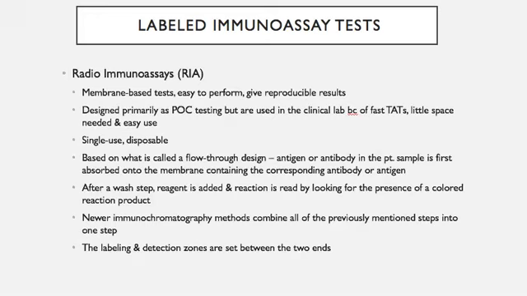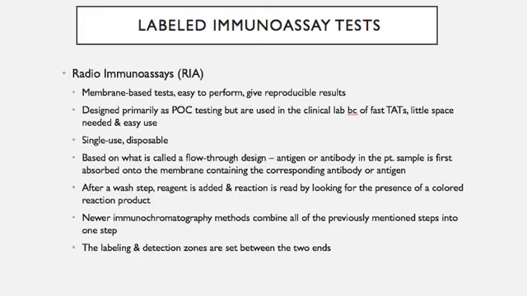When the sample is added to the application point, which also contains a labeled antigen or antibody conjugated to a colored latex, the sample reconstitutes the conjugate, so it forms a complex that migrates across the membrane.